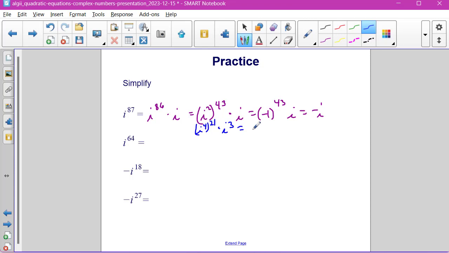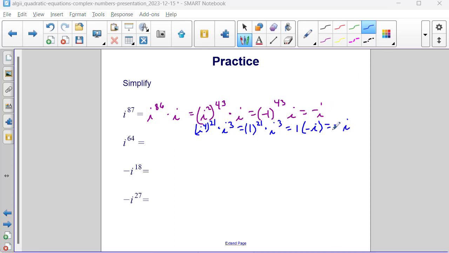So this i to the 4th is positive 1, raised to the 21st power, times i cubed. That's going to be 1 times negative i, which is still negative i. So you can get the answer using either method.